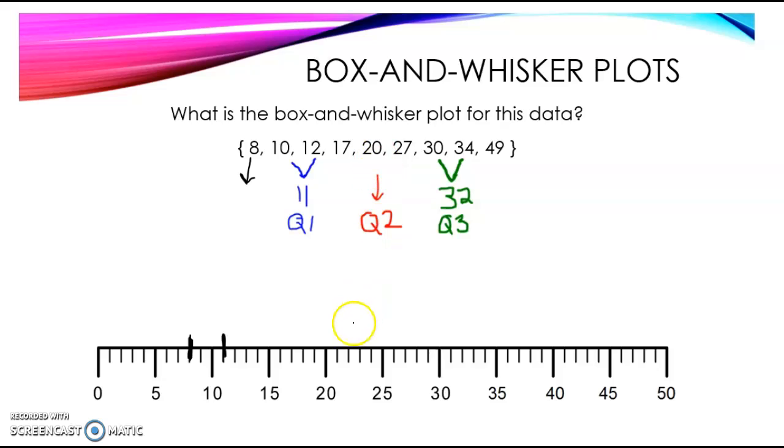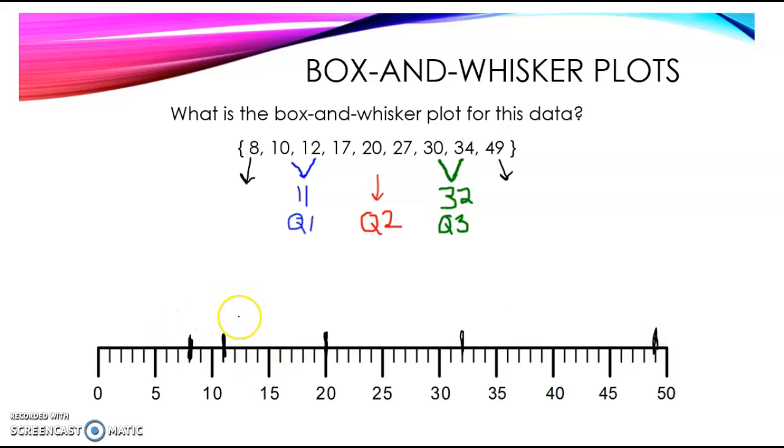The 20 was our second quartile, or our true median, and that will be a little line in the middle of the box. 32, the third quartile, is going to be the right-hand side of the box. And then we also calculated the maximum earlier to be all the way up here at 49.